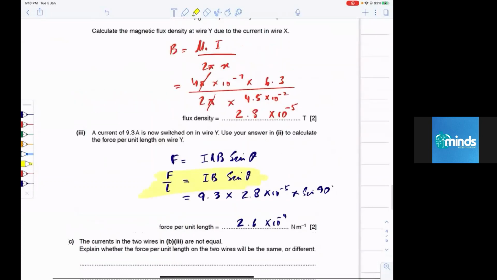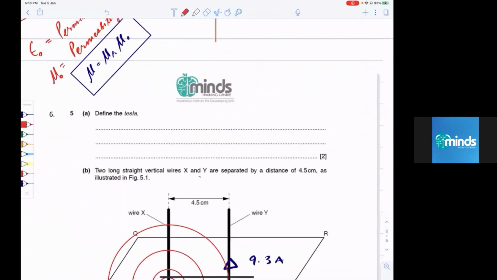How many of you were actually able to get it? Okay, let me write it here. If I say F equal ILB sin theta, then F over L into 1 over I sin theta equal B. So what we say is: 1 Tesla is the magnetic field of induction that can generate a force of 1 Newton per meter in a conductor carrying a current of 1 ampere placed perpendicularly to the field.